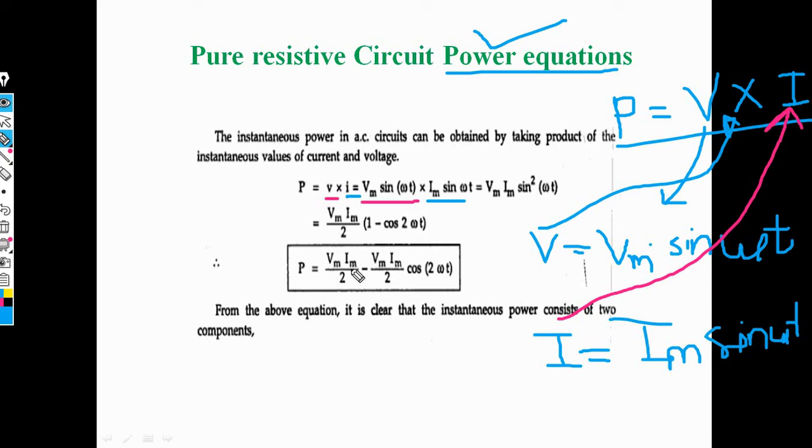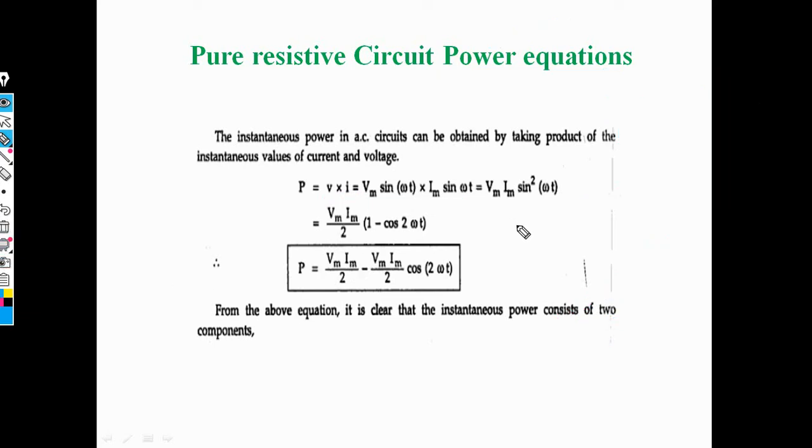Here we have to use the formula for sin square omega t. The formula is sin square omega t is equal to 1 minus cos 2 omega t, upon 2.